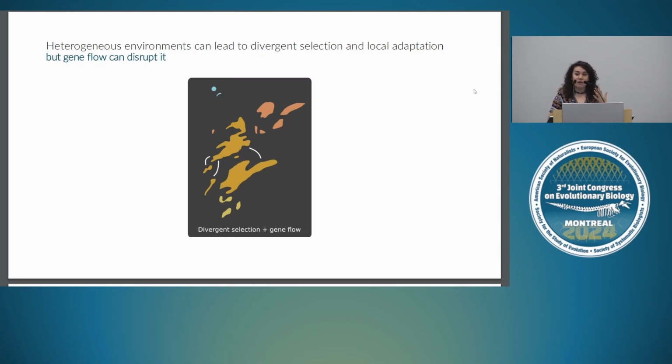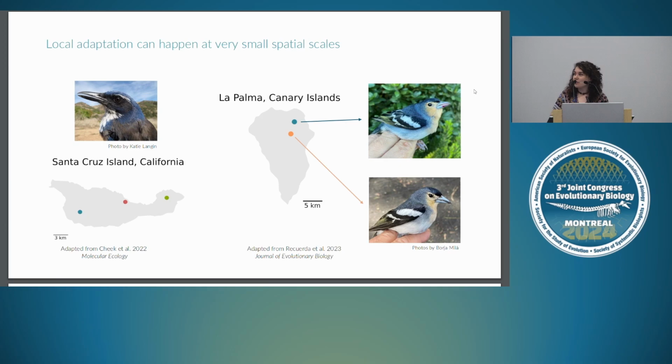But we have a few examples of microgeographical local adaptation, such as, for example, in California scrub jays, in which we find locally adaptive populations on an island that is quite small. And then also in chaffinches in La Palma, in the Canary Islands, in which some of the populations are adapted to more wet and humid forests, and others are more adapted to dry pine forests.